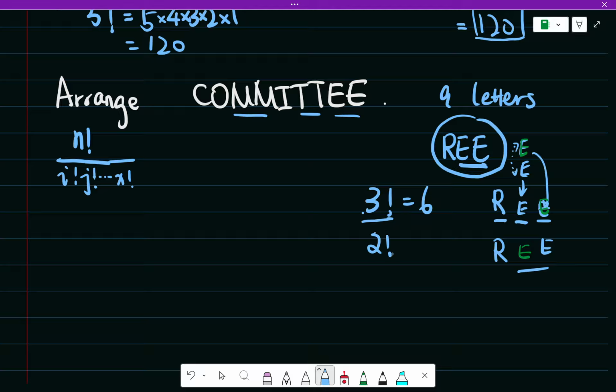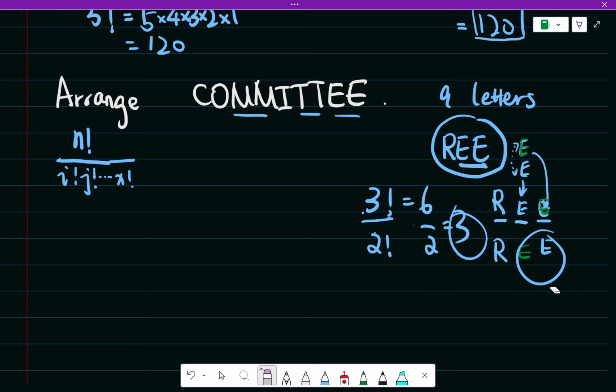So we need to divide by the possible ways that the two E's can arrange themselves. So we divide by 2 factorial, and we will have 3. So this is actually all the ways that we can arrange REE into distinct 3-letter words.